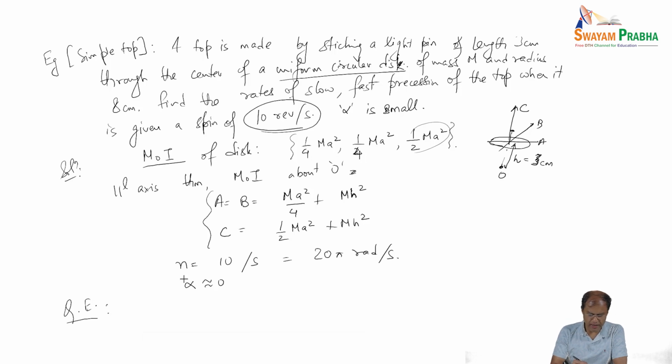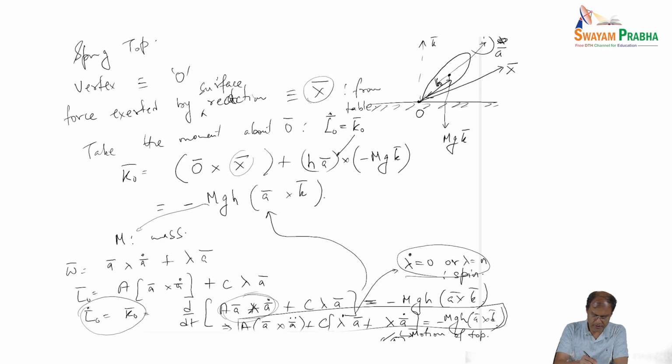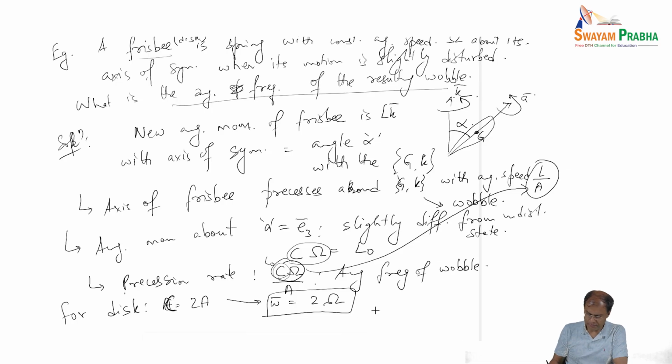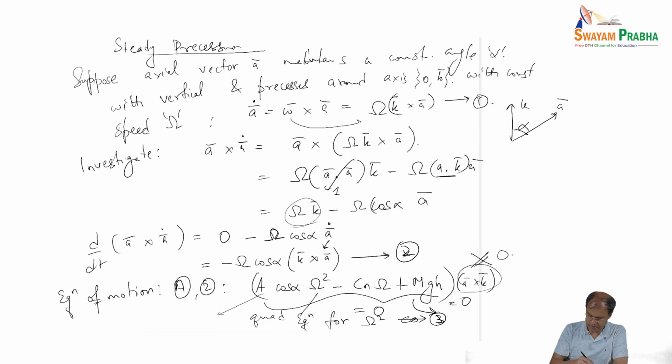So we plug all the details a, b, c, n, alpha into our quadratic equation, equation number 3, which we had developed for omega.